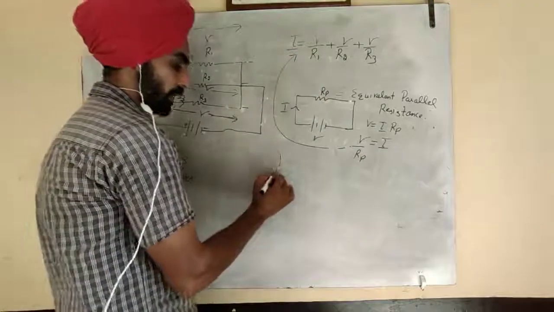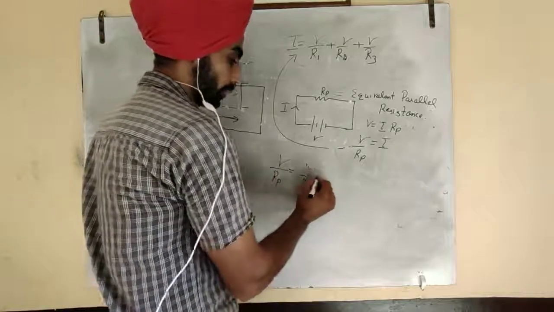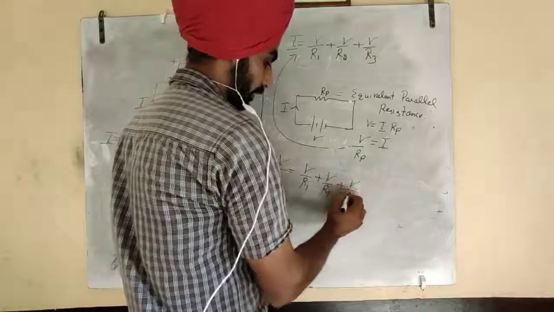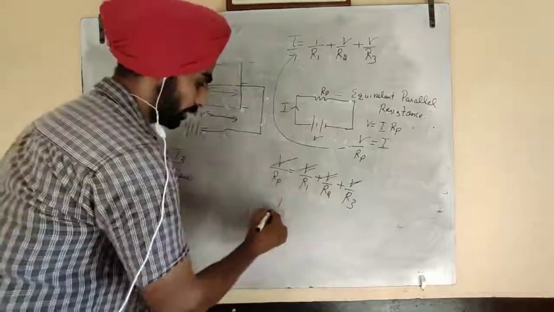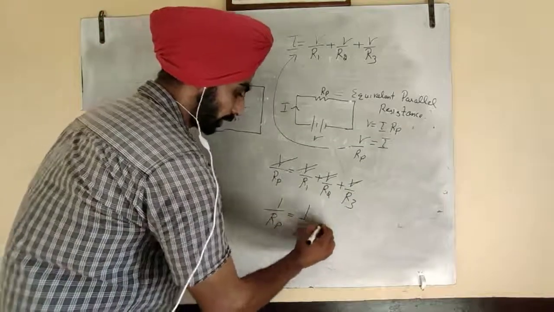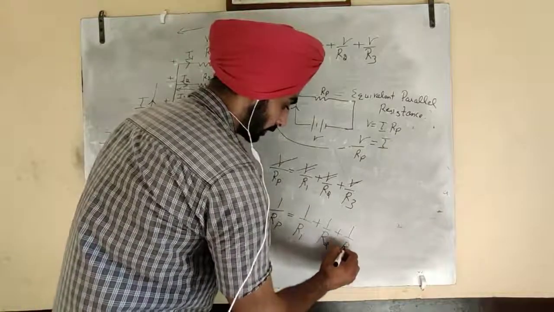V upon Rp is equal to V upon R1 plus V upon R2 plus V upon R3. So this V, all they are going to cancel. 1 upon Rp is equal to 1 upon R1 plus 1 upon R2 plus 1 upon R3.